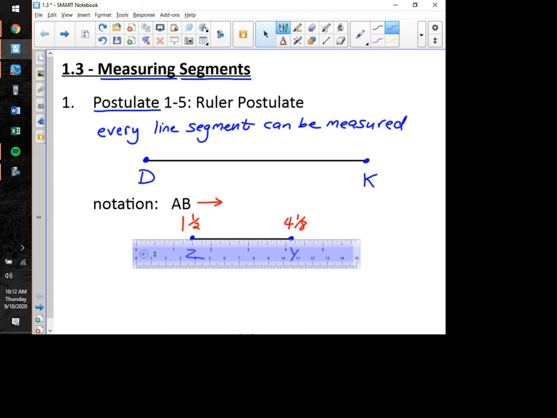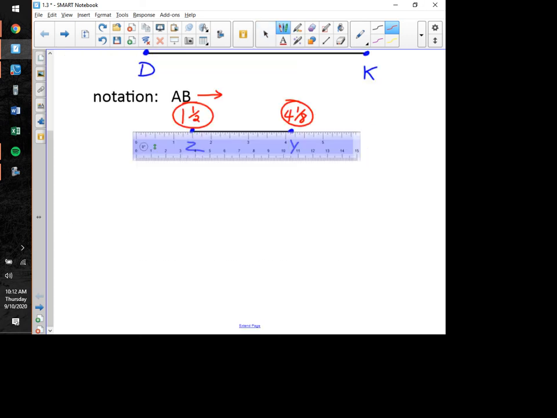And so if we wanted to measure the length of ZY, one of the things that the ruler postulate says that we can do is simply subtract the ending coordinate, which is Y, take that number and subtract the beginning coordinate from that. So obviously this is a harder way to do it, but if we were going to take 4 1/8 minus 1 1/2, oh boy, we haven't done this kind of math in a long time.